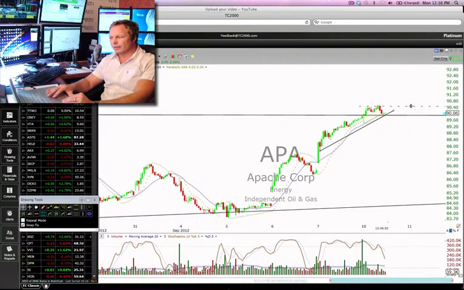Before you do that, and before you decide to hold overnight, you've got to make sure that the stock is going to close strong on big volume, and it closes above that $90.20 breakout. If this happens, your success rate increases from 68% to 98% chance that the trade will work.